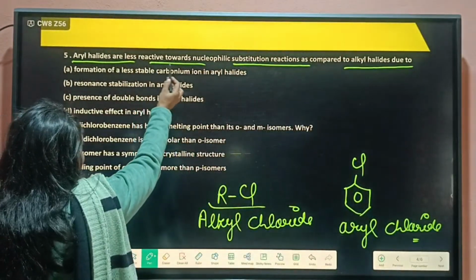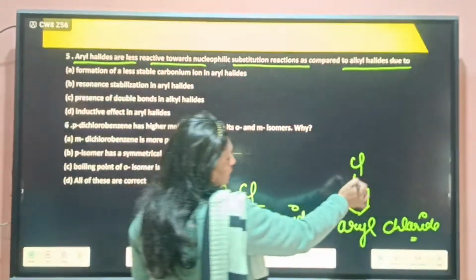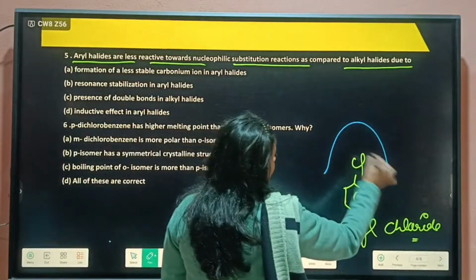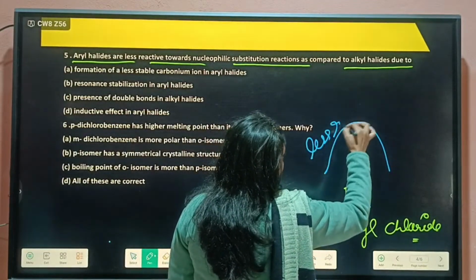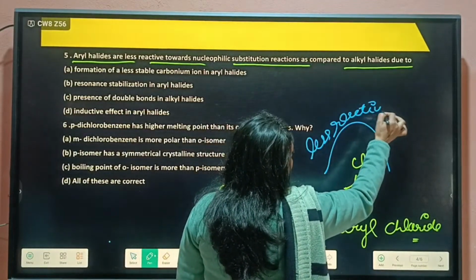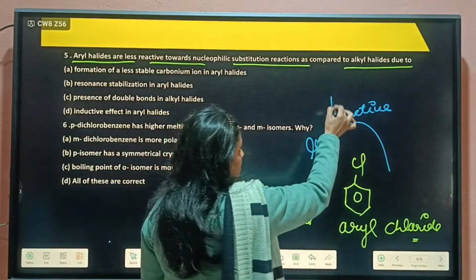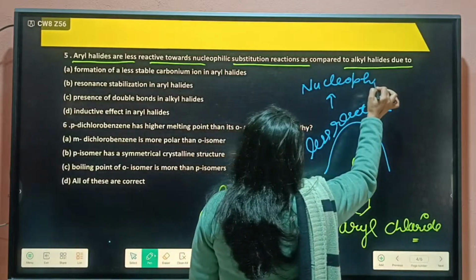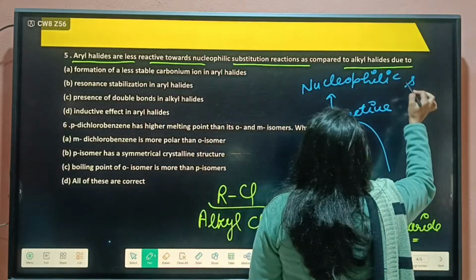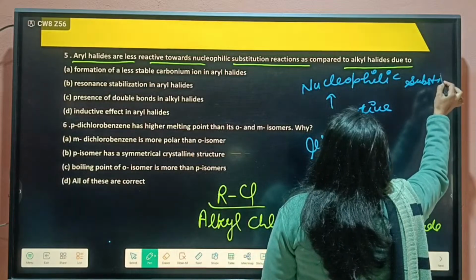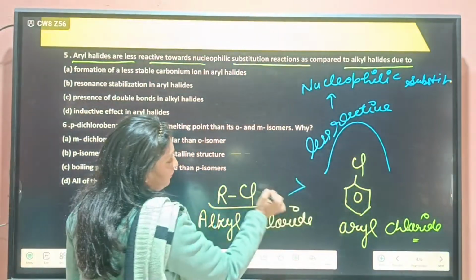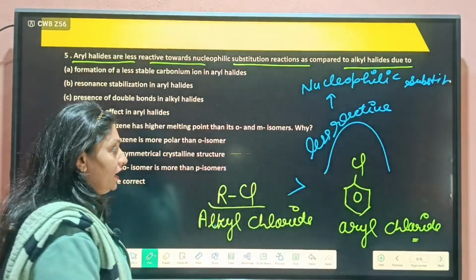Aryl halides are less reactive. Students, these are less reactive towards nucleophilic substitution reaction, as compared to this one. Why?